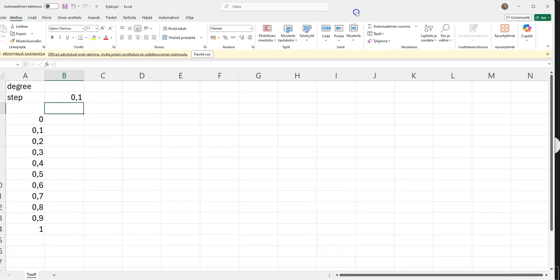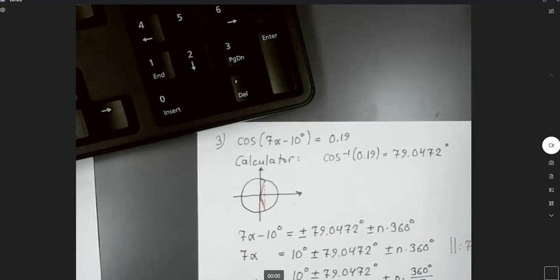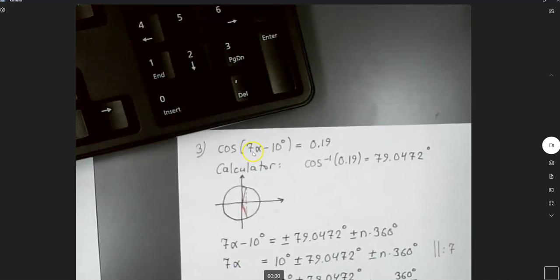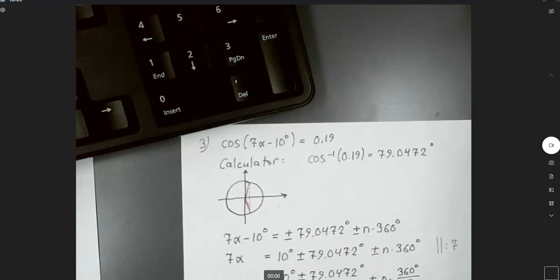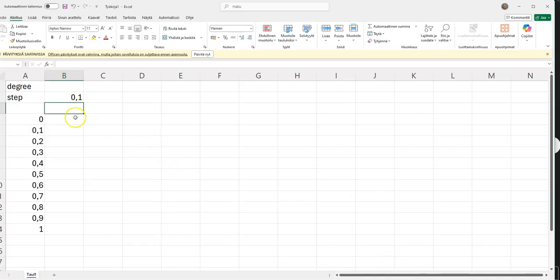Sorry, where is that? I need to show you the camera here. We had this equation, so we have to calculate what is 7 times alpha minus 10 degrees. So I will go again to the Excel.